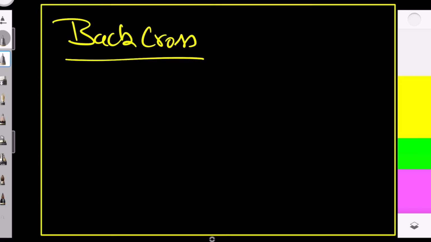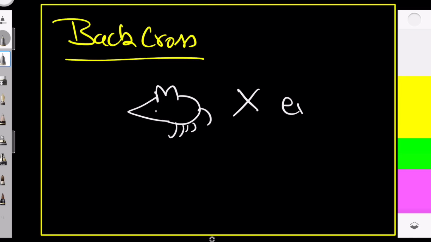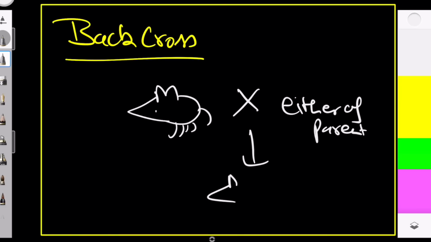Now in back cross, let's suppose we have one organism, let's take the mouse, and we cross it with either of the parents. In the next generation you are going to see progeny.